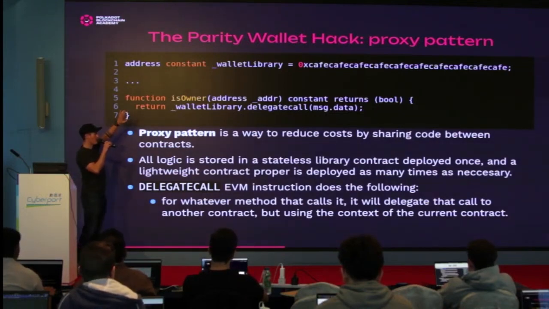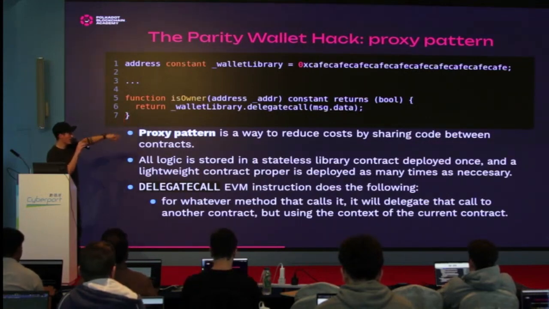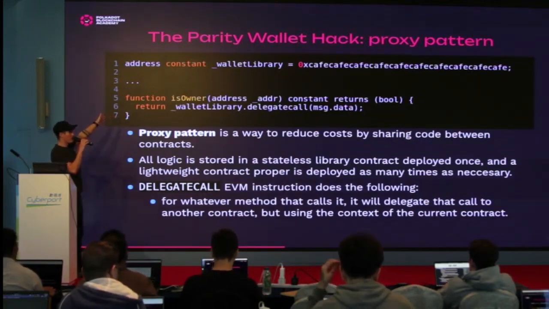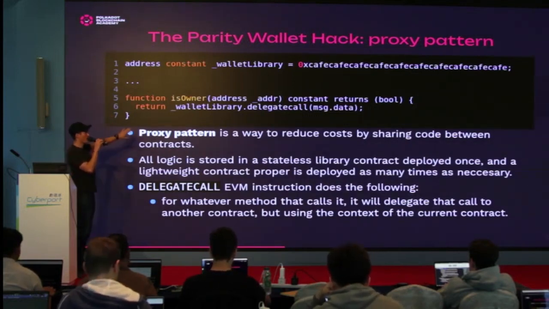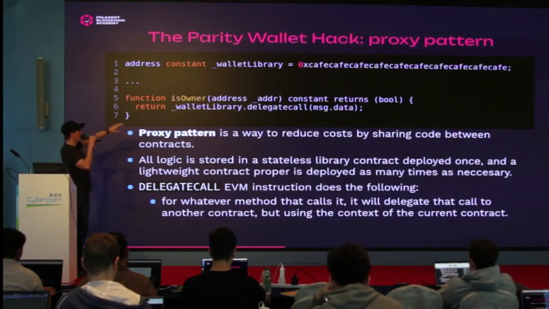That goes back to the fact that the EVM does not have this concept of code hash and an instance. So this is a way to achieve upgradability in the EVM. There's nothing wrong with that per se. It's used to this day. It's called a proxy pattern.